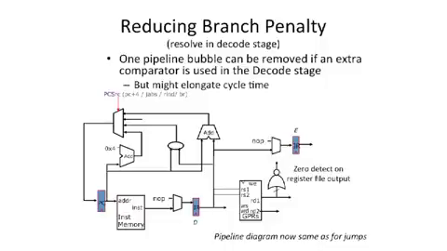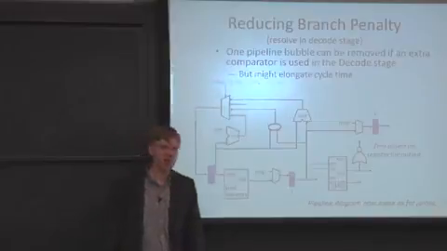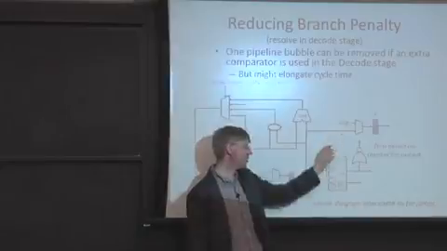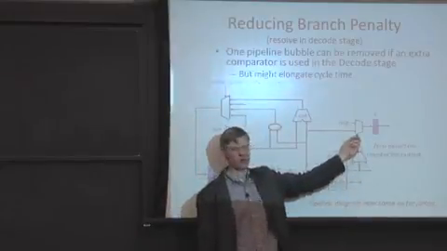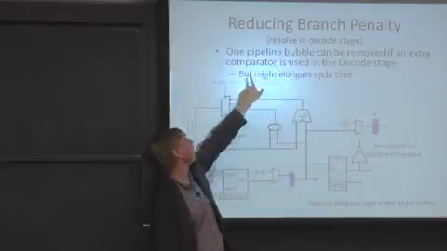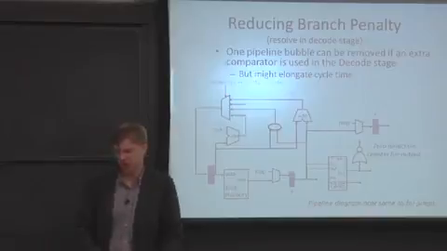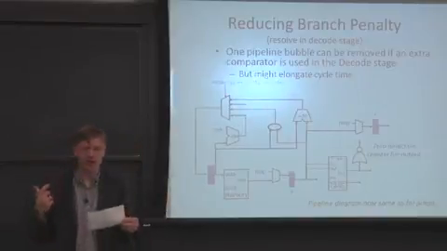The downside is that this is going to elongate your cycle time, because you have this wire coming out, and the wire needs to go into the logic which computes PC source, and this can become a critical path. It's a critical path because you have to access the register file, then go through a zero detect, then go into the control logic which computes this, and then come around and latch the information into the flip-flop. So you can really negatively impact your clock period.